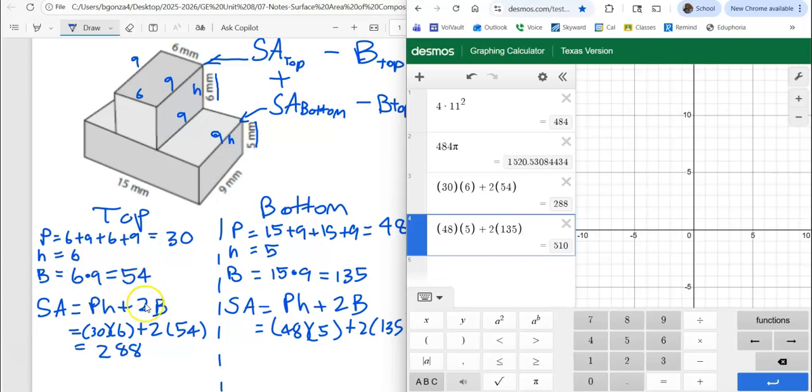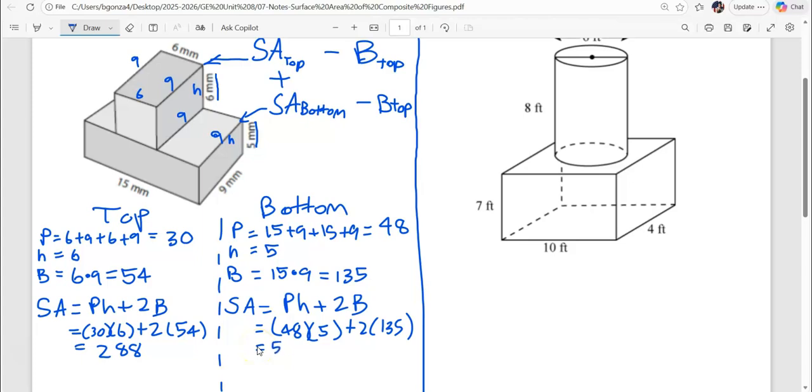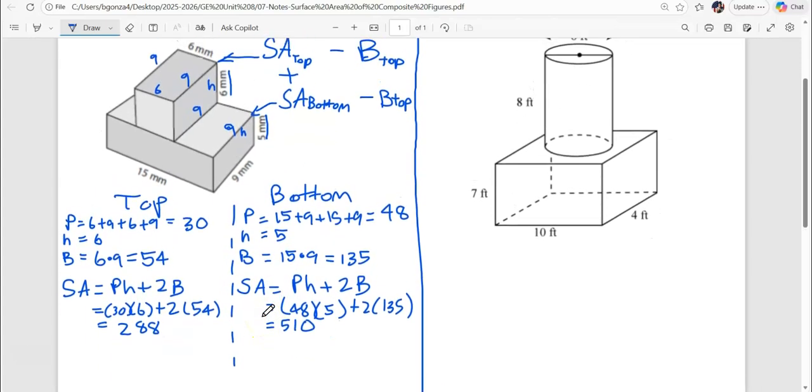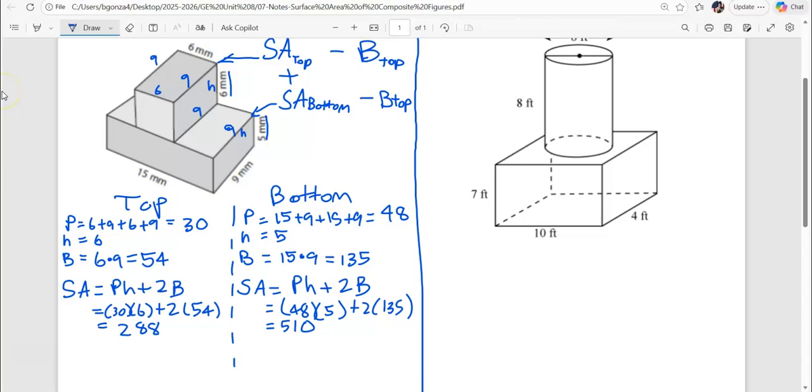And I got 510. Now, that's a lot of work, lots of opportunities to mess up. But if you get that far, you're doing all right.